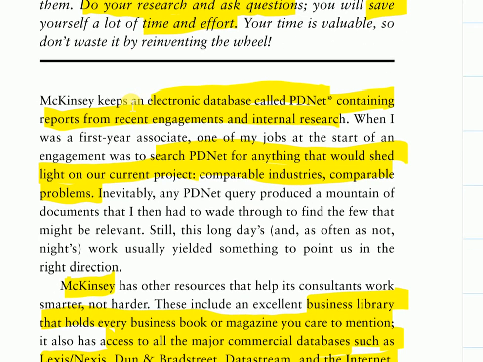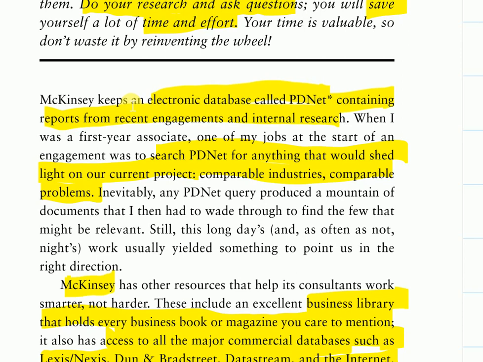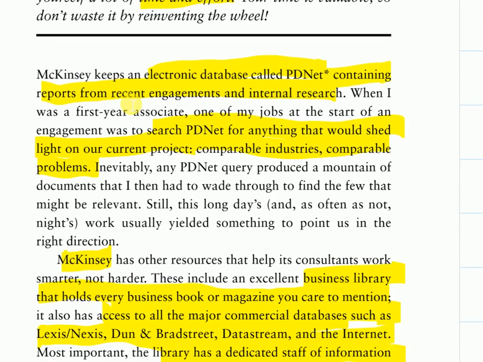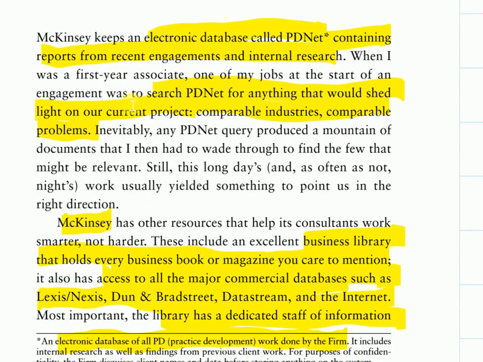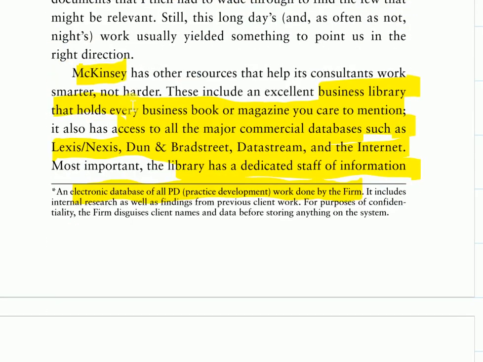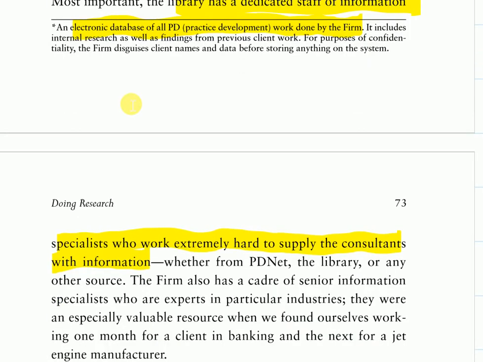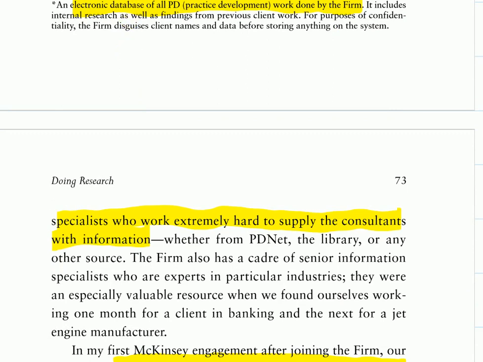McKinsey has a business library that holds every business book or magazine that you can mention. It has access to all the major commercial databases such as Lexis, Dun and Bradstreet, DataStream, and the internet. It has a dedicated staff of information specialists who work very hard to supply the consultants with the information.